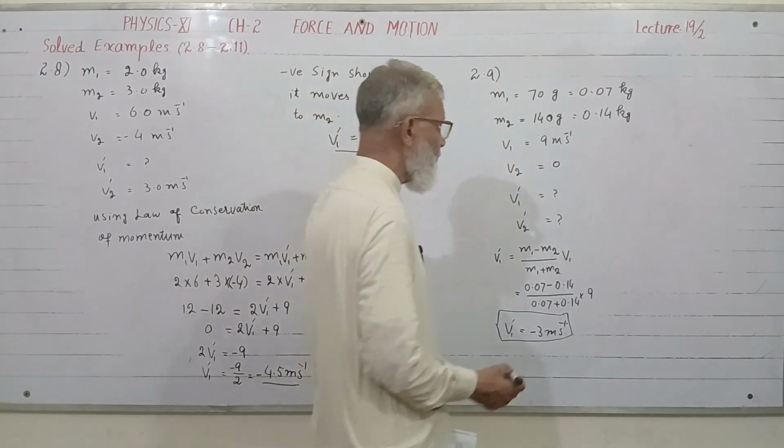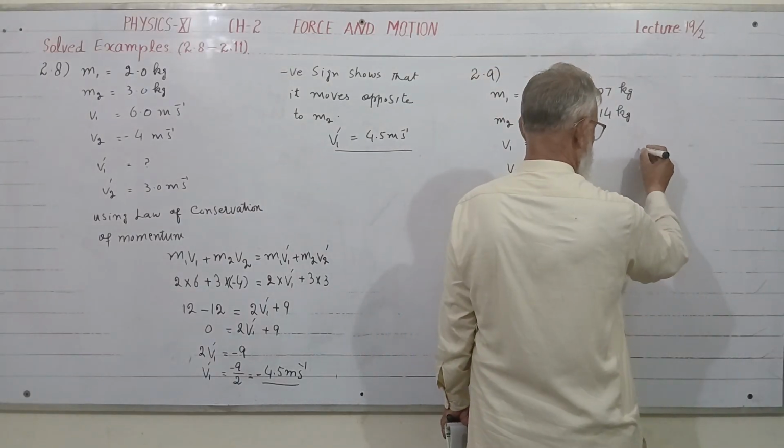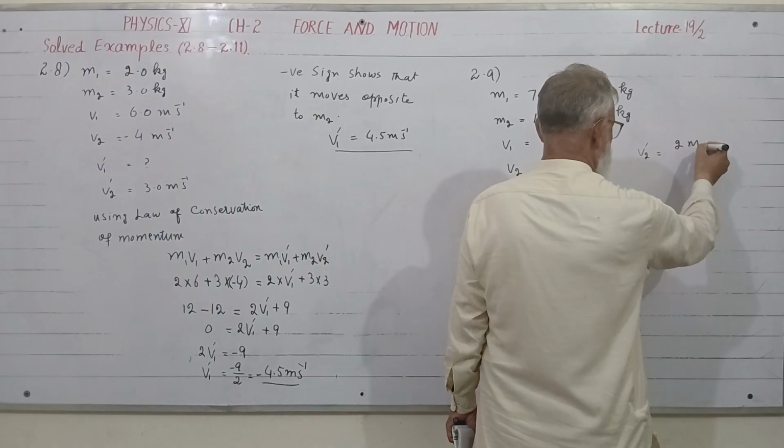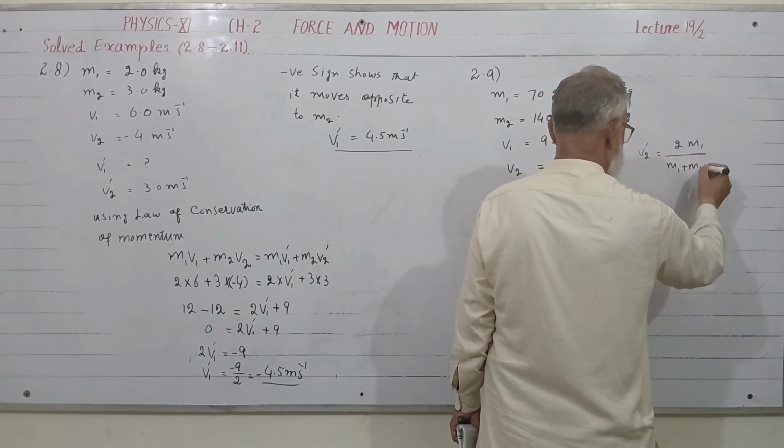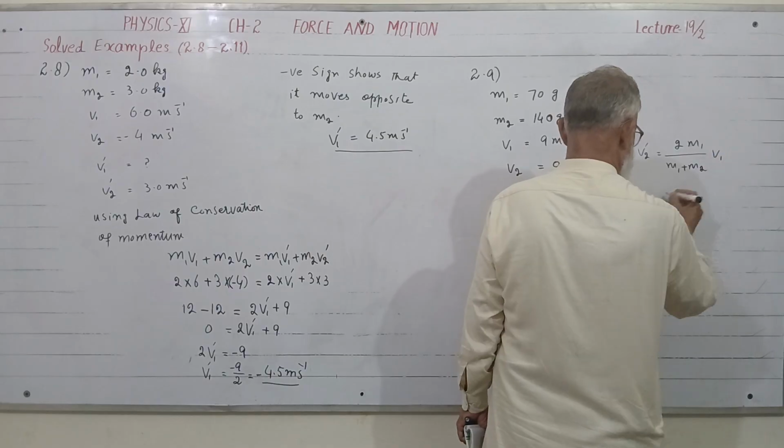Similarly, V2 prime is 2 M1 over M1 plus M2 times V1.